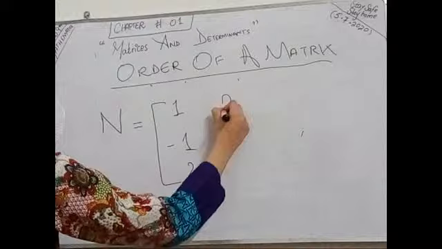Now we have to find out the order of this matrix N. अब इसका ऑर्डर हमें कैसे निकालना है? It's very easy. हमें पता चल गया है कि ऑर्डर हम कैसे निकालते हैं, नंबर ऑफ रोज बाय नंबर ऑफ कॉलम्स.